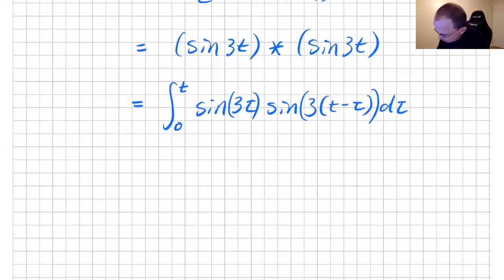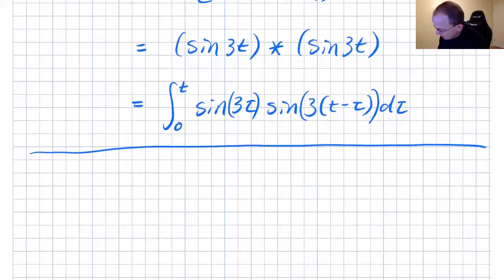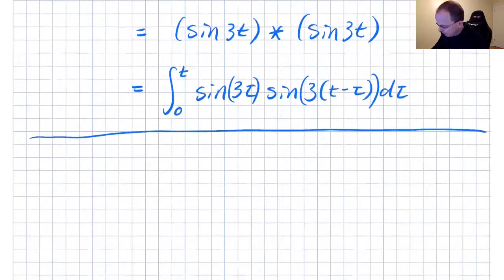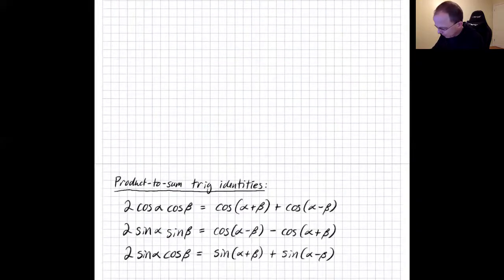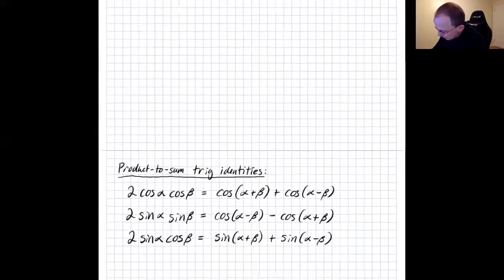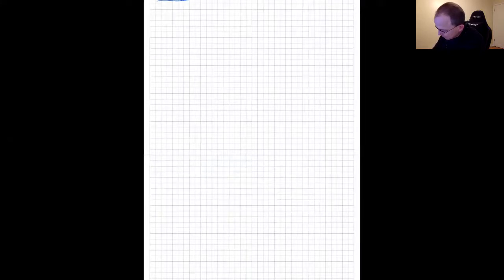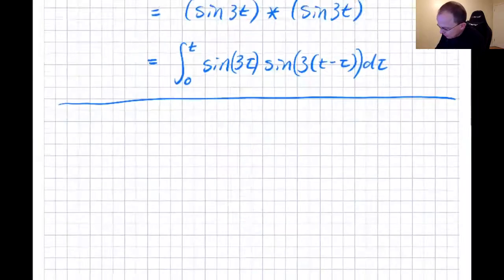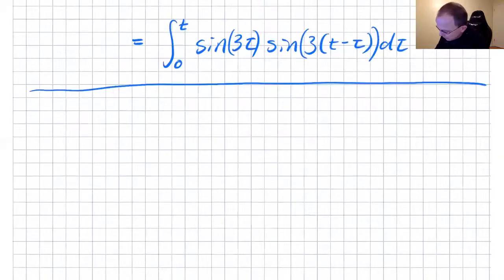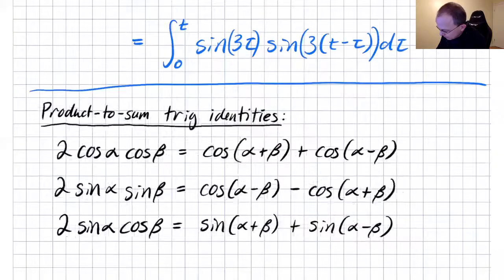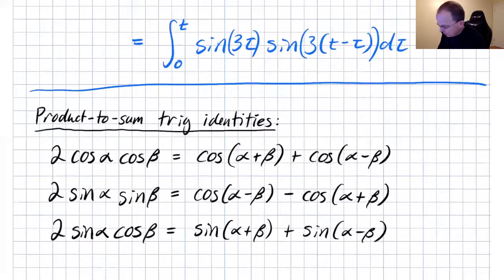Okay, so what are these trig identities that we need? So I think I've got it here. Yeah, here they are. So let's bring these up here. Okay, so which one is the one that we would like to use? So we have a product of sine functions.